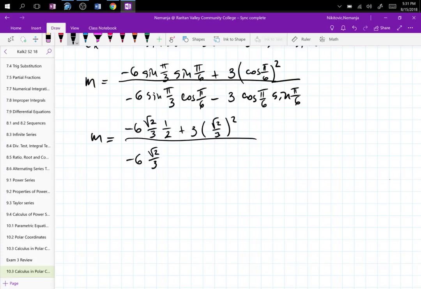On the top, that was sine of pi over 3 and then sine of pi over 6. Minus 3 times cosine of pi over 6, and then sine of pi over 6. Very good. You got all of these.